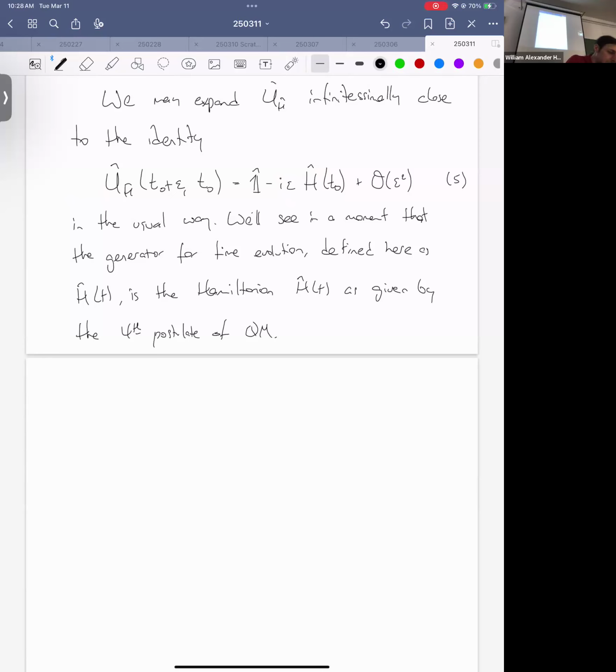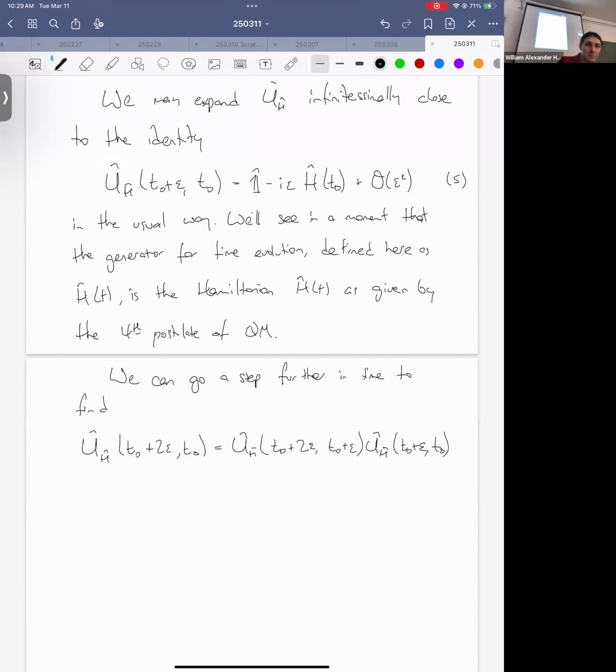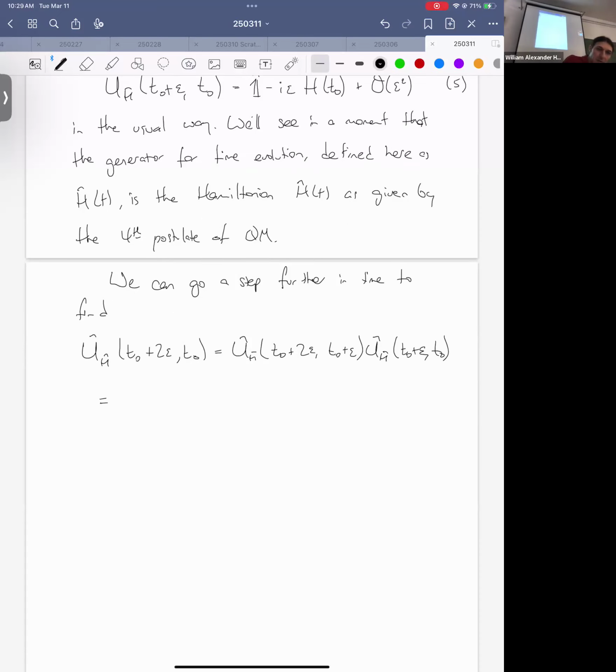We can go a step further in time to find, say, the time evolution operator which takes us from t0 up to t0 plus 2 epsilon. So this is the time evolution operator from t0 up to t0 plus epsilon, followed by the time evolution operator from t0 plus epsilon up to t0 plus 2 epsilon. And we can multiply this out.